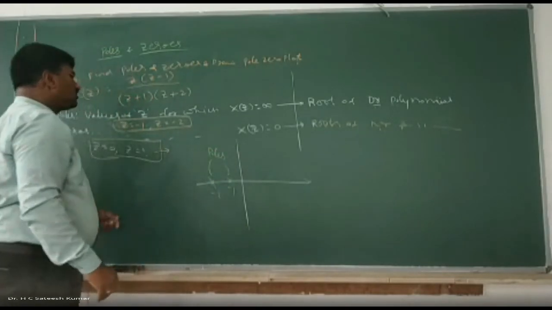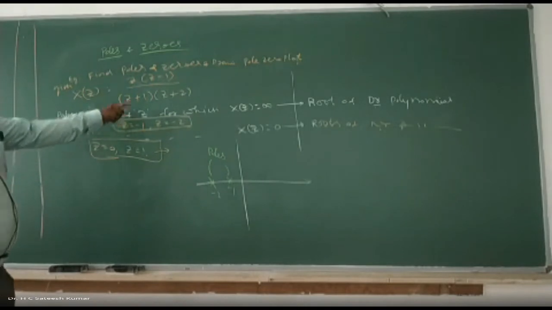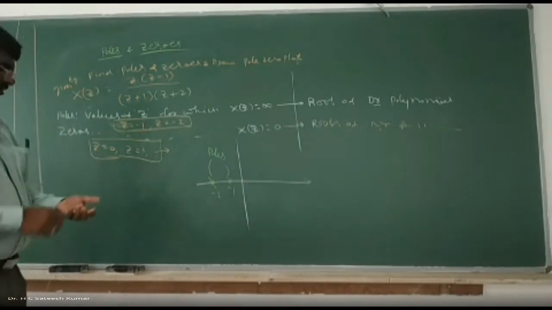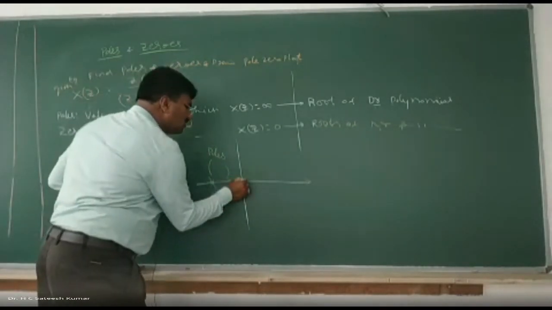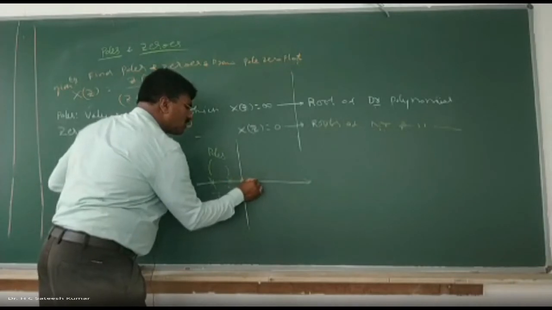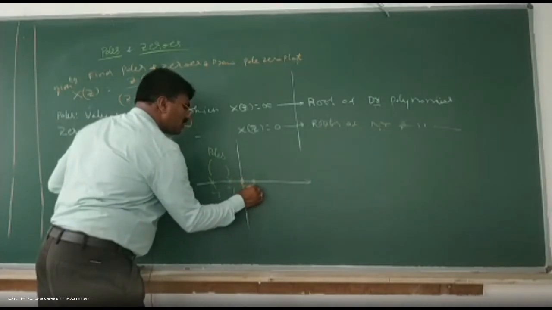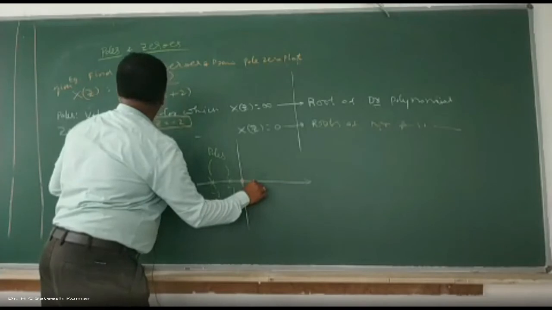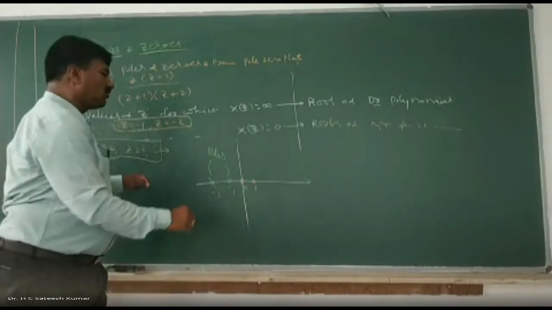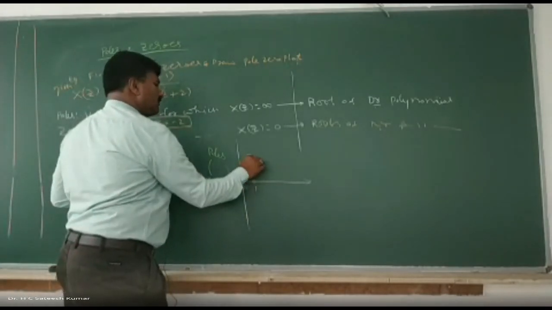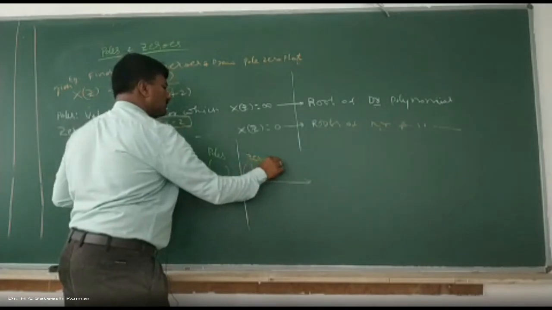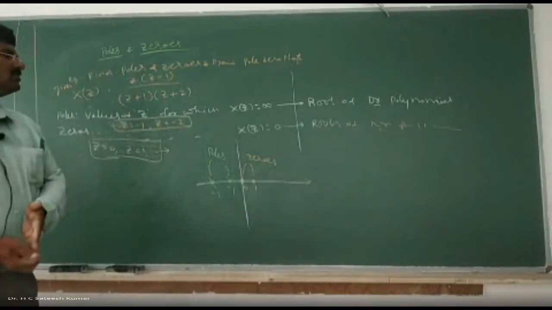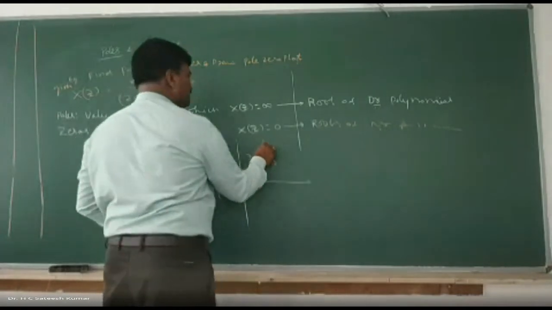And what about zeros? Zeros are at 0 and 1 and are represented by a small circle. One is at 0, another one is at 1. So these are known as zeros. This is known as the pole zero plot.